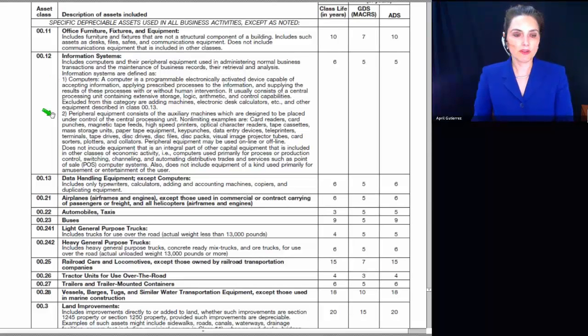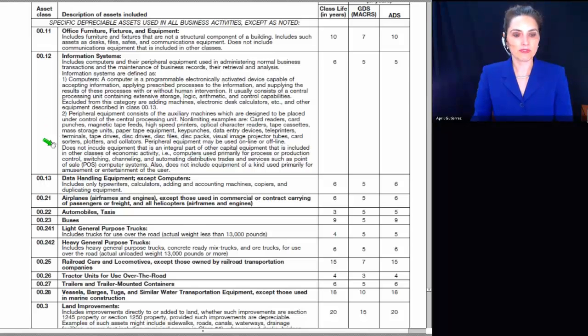It also includes peripheral equipment, and this consists of the auxiliary machines which are designed to be placed under the control of the central processing unit. Non-limiting examples include things like card readers, card punchers, magnetic tape feeds, high-speed printers, optical character readers, tape cassettes, mass storage units, paper tape equipment, key punches, data entry devices, teleprinters, terminals, and on it goes. Peripheral equipment may be used online or offline.